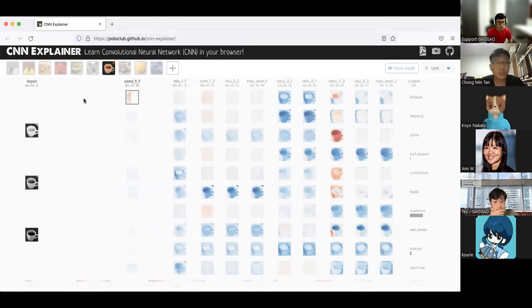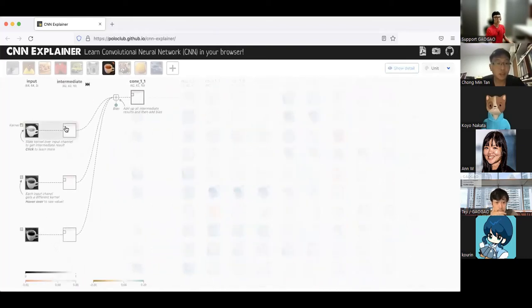At the start, if you click here, you can see what's happening. We will add the different filters here. The filters will go through the different parts of the image, and then it will sum up to give you this intermediate conv layer here. As you saw from the earlier slide, if you have 3 channels, you sum up 3 times. Then you have a bias, and then you put it over here. So this is how we do it.